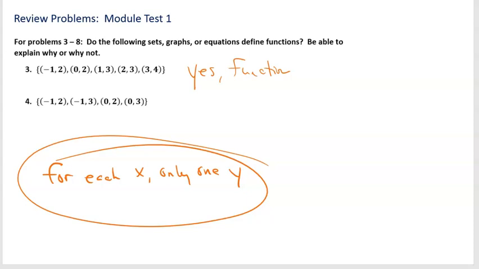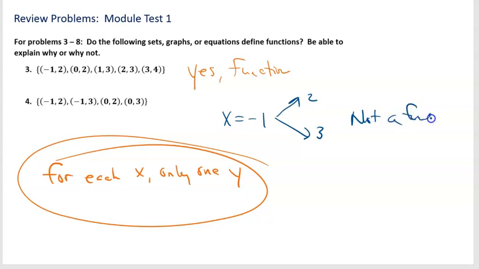On the other hand, when we look at (-1, 2), (-1, 3), (0, 2), (0, 3), that's definitely a relation. It's a set of ordered pairs. The problem is, for x equals -1, I've got 2 different y answers. I've got 2 and 3. And it is a relation, but it is not a function.